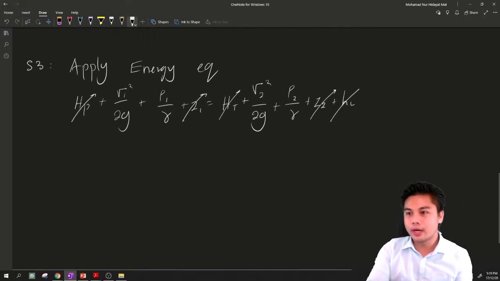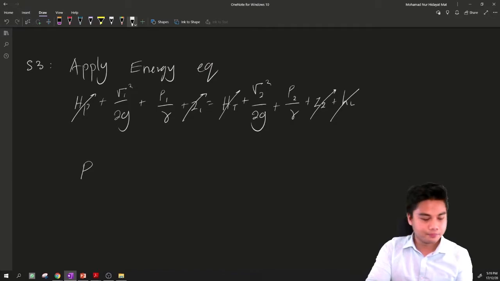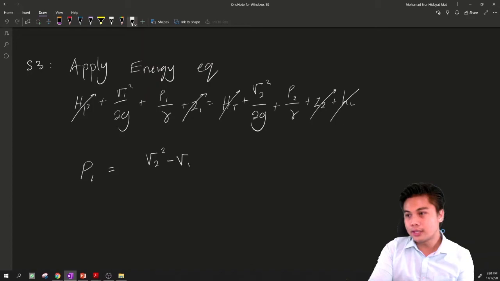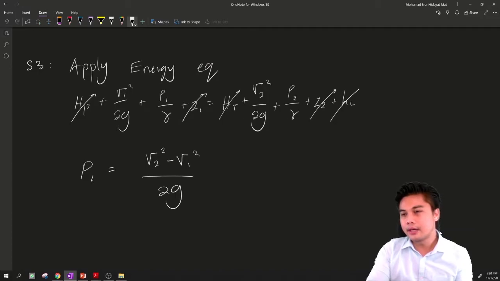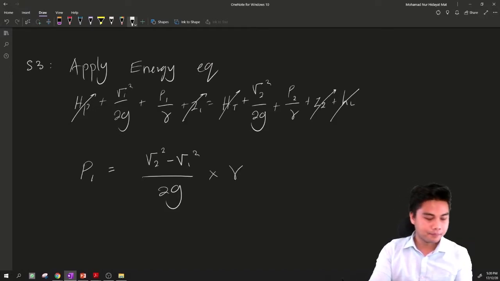So pressure 1 is basically equal to V2 squared minus V1 squared over 2g, and then gamma, as the denominator of pressure, you convert to the other side, multiply with gamma.